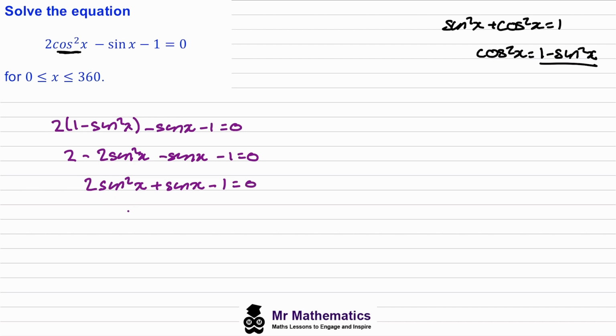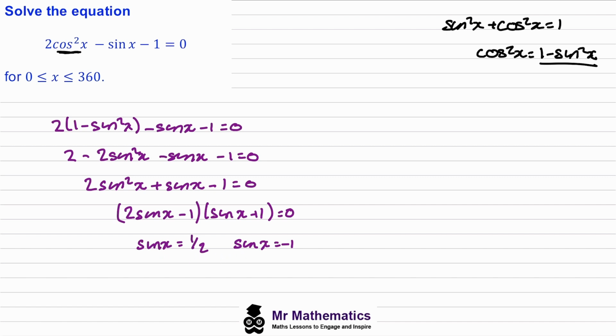And then we can factorize this, so we get 2 sine x minus 1 and sine x plus 1. So our solutions, making each of these brackets equal to 0, will be sine x equals 1/2 and sine x equals negative 1.